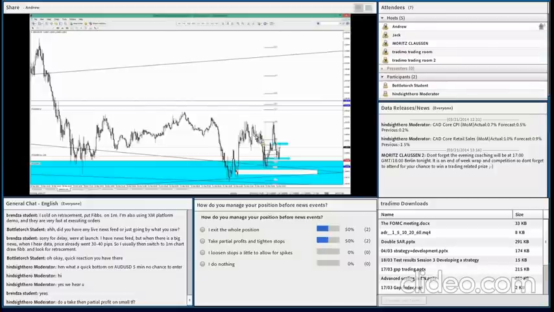The other option, which I know some people use, is they scale in thirds, at even parts. The first part is a scalp, so let's say they risk $1, they'll take half off, so 50 cents.